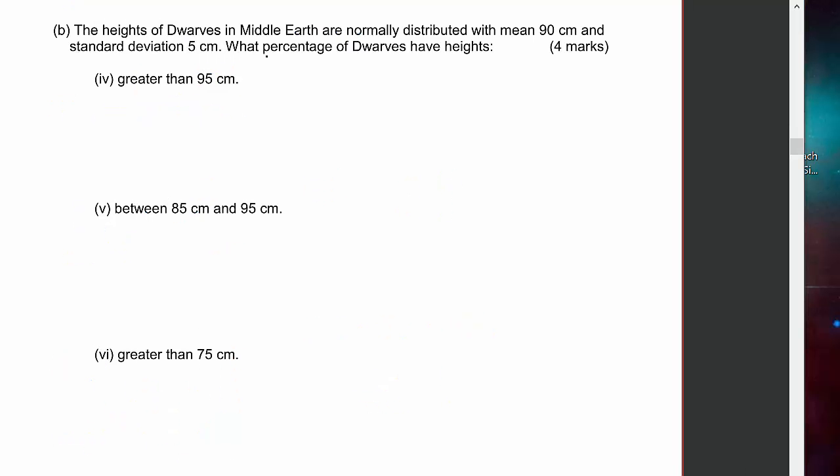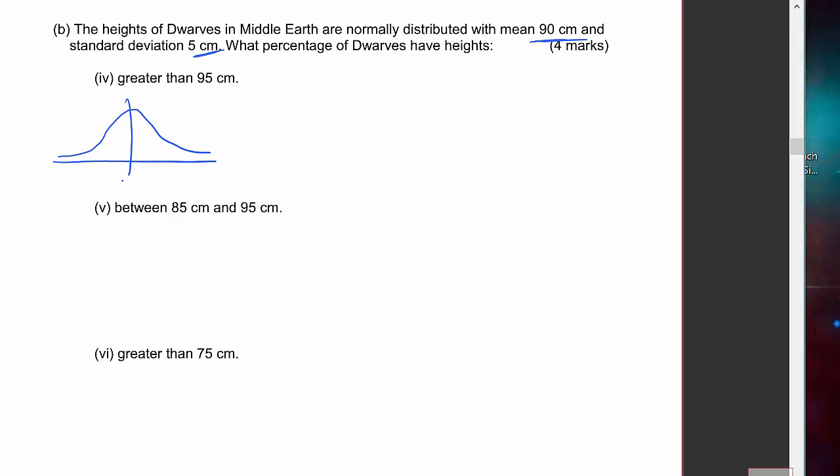The heights of dwarfs in Middle Earth are normally distributed with a mean of 90 centimeters and a standard deviation of 5 centimeters. What percentage of dwarfs have heights greater than 95? So with a mean of 90, it's 95, and this is also 1 standard deviation because the standard deviation is 5.